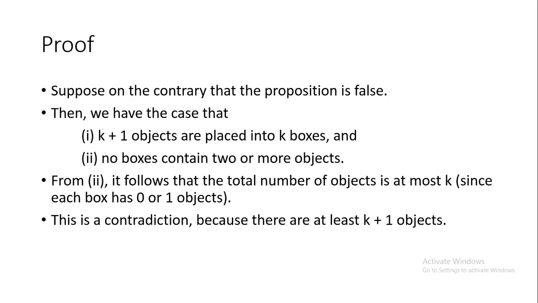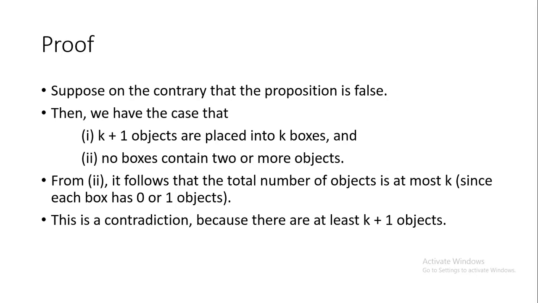So how can we prove this theorem? On the contrary, suppose that this proposition is false. Then we have two cases: k plus 1 objects are placed into k boxes and no box contains 2 or more objects.